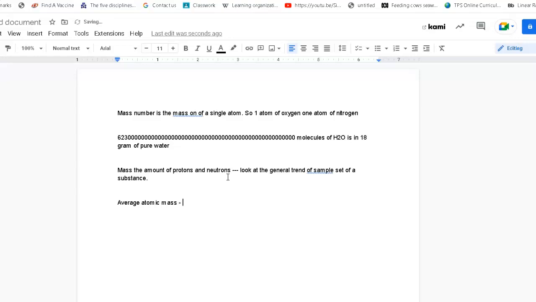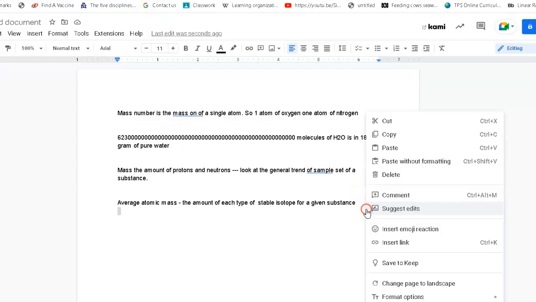Basically it is the amount of each type of stable isotope in a given substance.